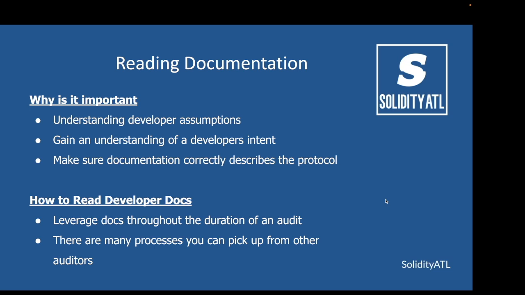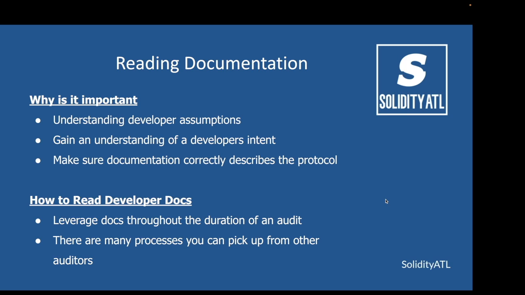So the two things you get from reading documentation is, one, a better understanding of the protocol and what the intended or expected behavior is. And two, as both a developer and security researcher, you want to make sure the documentation correctly reflects what the smart contract code is doing.